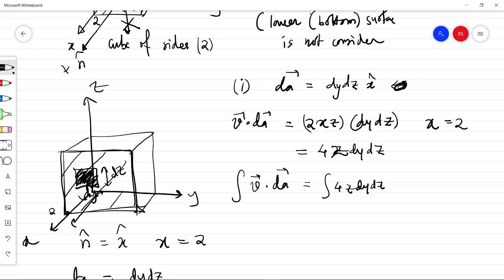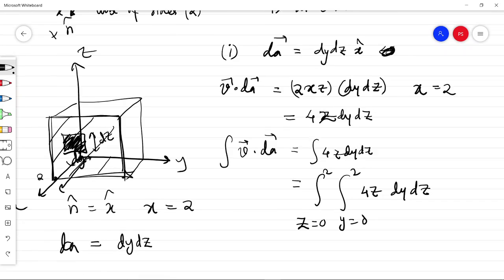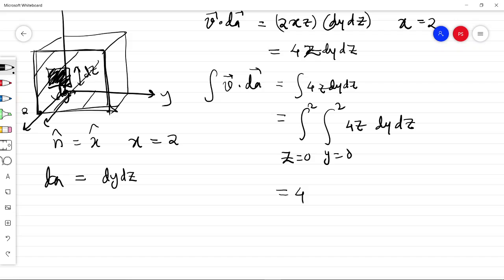Now note that this integral is actually a double integral since we involve dy and dz. And we see that y runs from 0 to 2 as this cube is of sides of length 2 and one of its vertices is at the origin, and z also runs from 0 to 2. 4 comes outside the integration.